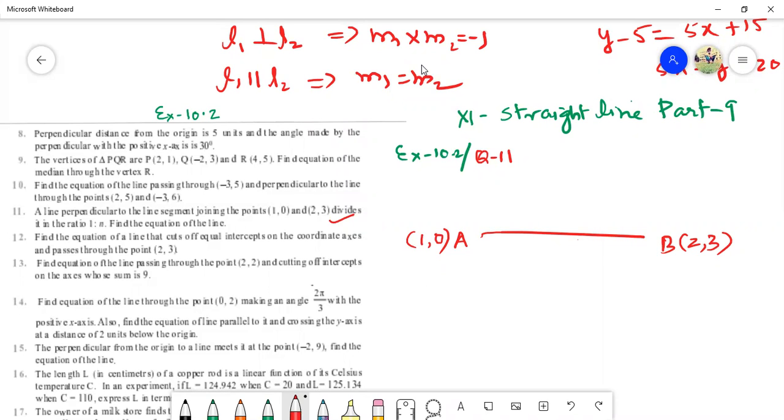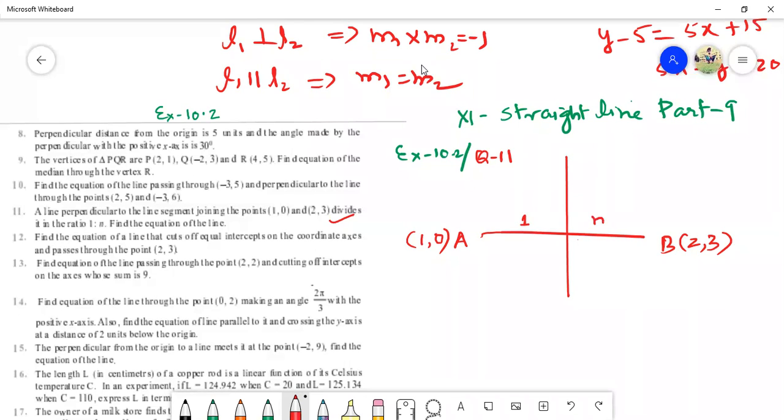A line perpendicular to this line divides it in the ratio 1:n. So there is a perpendicular line from here, and this is dividing in the ratio of 1:n.